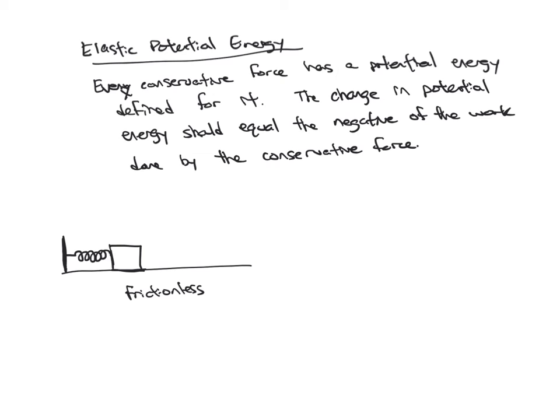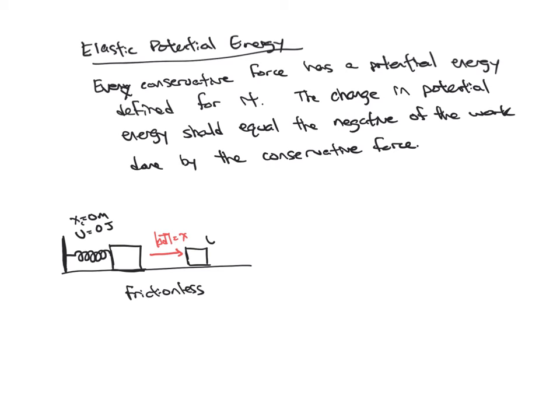So the spring is not stretched at all at the start position, which means it doesn't have any potential energy stored up. But then we're going to pull it a certain displacement, x. It's going to end up over here.